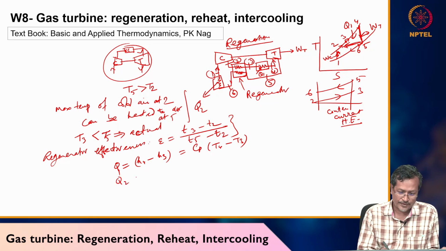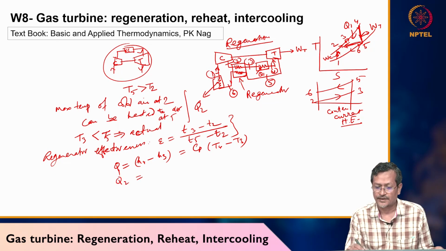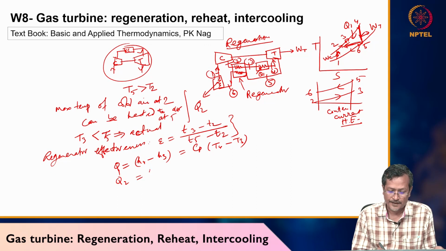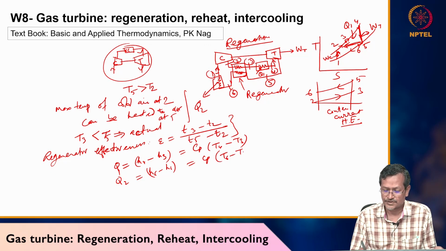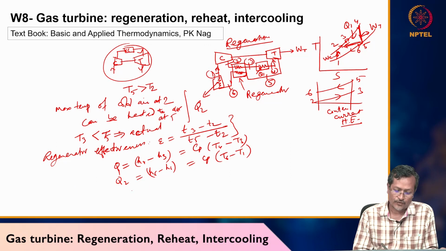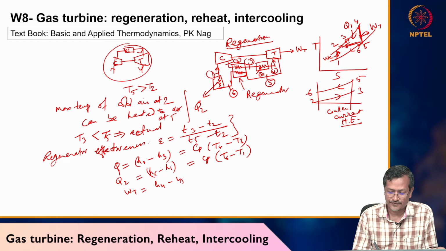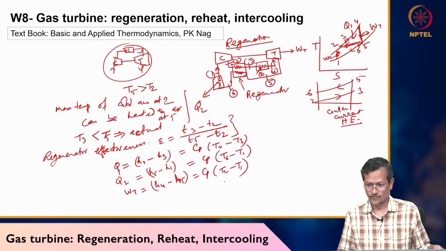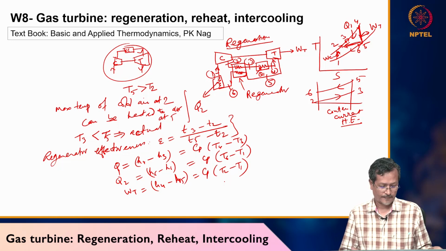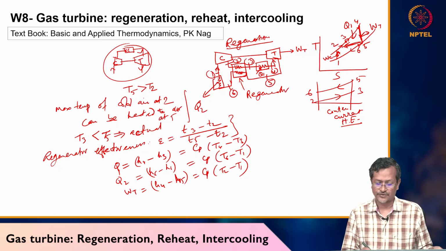Q2, the heat rejection, equals H6 minus H1, which equals Cp times (T6 minus T1), again a constant pressure process. Turbine work Wt equals H4 minus H5.